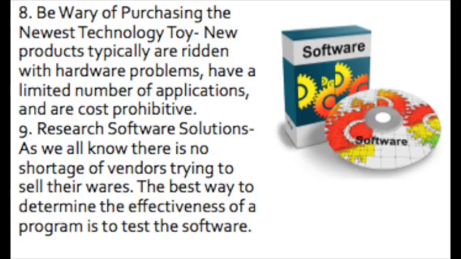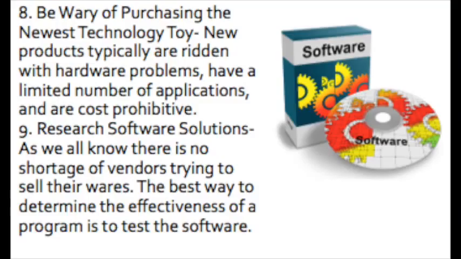One may also recall that a number of school systems purchased the first generation tablet-based laptops, which proved to be costly, underpowered, and buggy. Number 9, research software solutions. As we all know, there is no shortage of vendors trying to sell their wares.